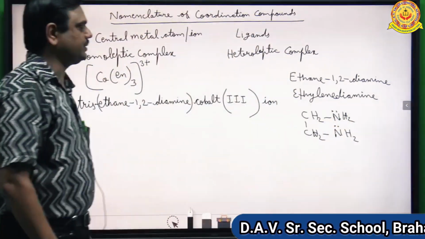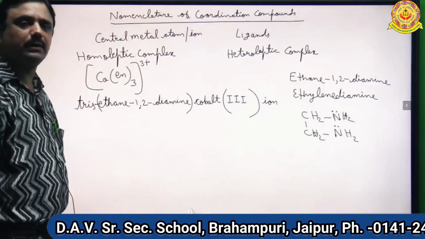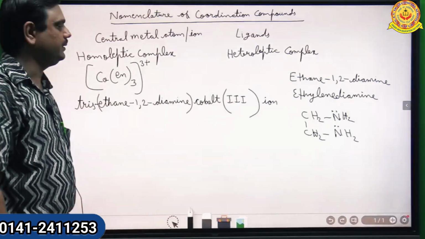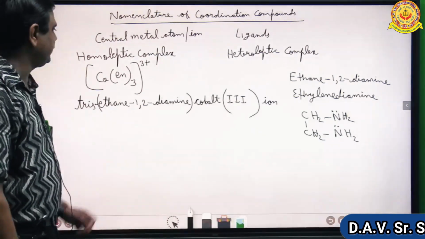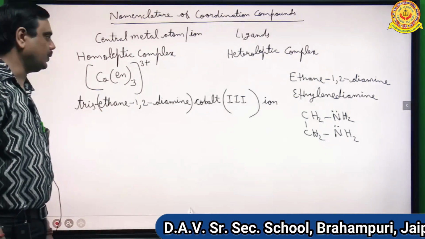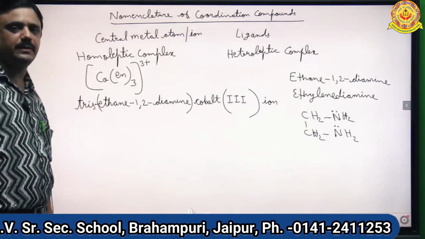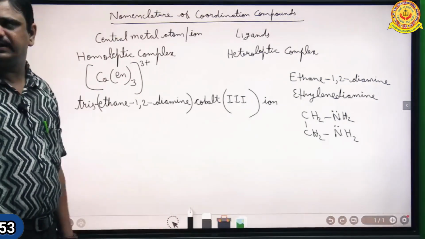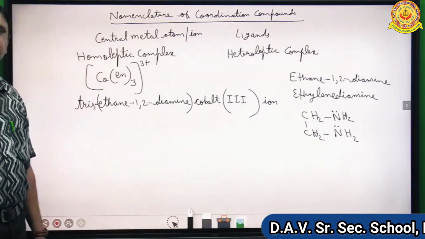It has 2 nitrogen atoms, and both nitrogen atoms contain 1 lone pair. So both these nitrogens will donate 1 lone pair of electrons to the cobalt. So overall 6 lone pairs will be accepted by the cobalt here. So the coordination number is 6 here. Coordination number of cobalt is 6 here.